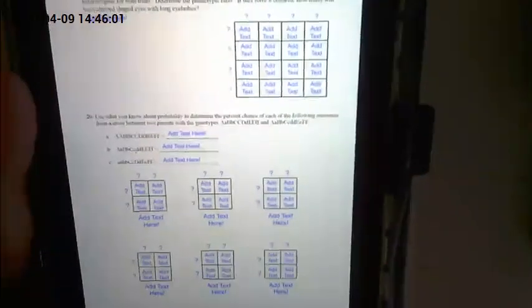And this one says, use what you know about probability to determine the percent chance of each of the following outcomes from a cross between two parents with the genotype shown. All right, and then they give you 3 different offspring, and they want to know what are the chances of having those offspring. And then you'll see we're looking at 6 different traits. We're looking at 6 different alleles.